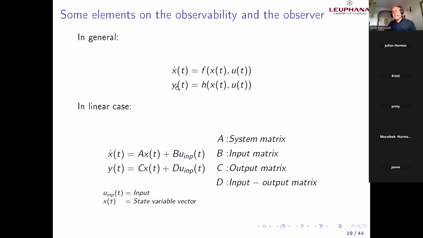nomenclature. In general, we will see during the semester that we will also be able to manage a nonlinear system, which is sketched here at the beginning of this slide with the words in general.